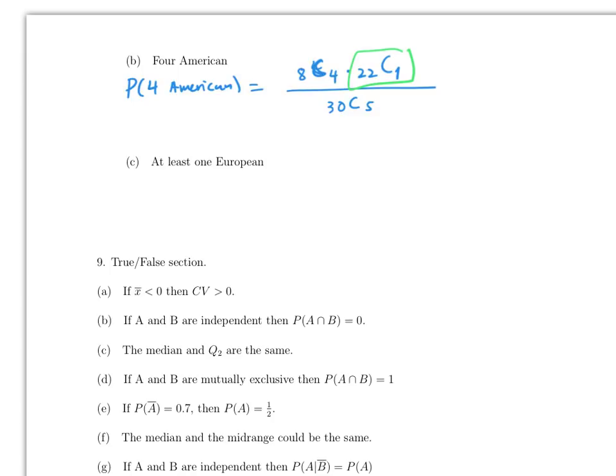For part C, it's asking the probability of at least 1 European. And remember that for the probability of at least 1, the best way to approach this is to do the complement, which will be 1 minus the probability of no Europeans.